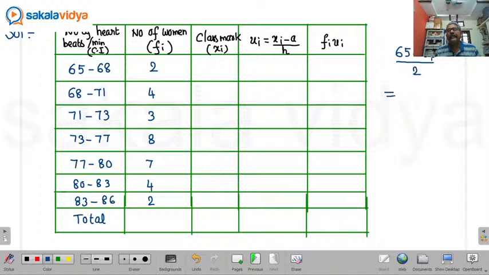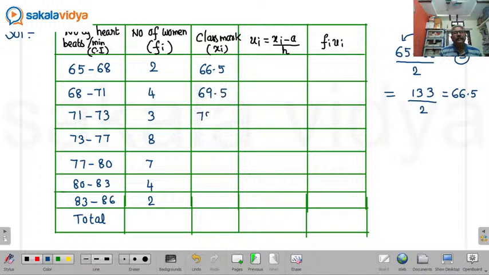You will get 133 upon 2, which is 66.5. So the rest we can easily add. 68 minus 65 is 3. The difference is 3. Add 3, 3, 3, 3. So this will be 69.5.